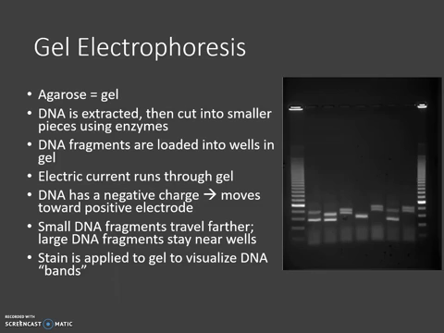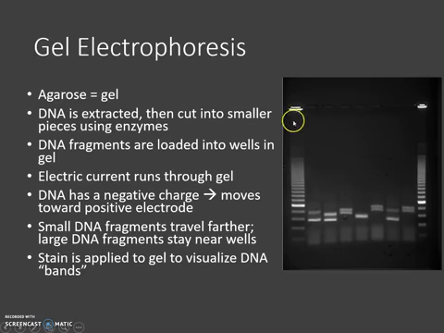The DNA that's extracted is cut into smaller pieces using enzymes that cut the DNA at certain base pair sequences. Those DNA fragments are then loaded into wells, and you can see the wells along the top of the gel here. So this is the agarose gel, and this one has 1, 2, 3, 4, 5, 6, 7, 8, 9 wells.